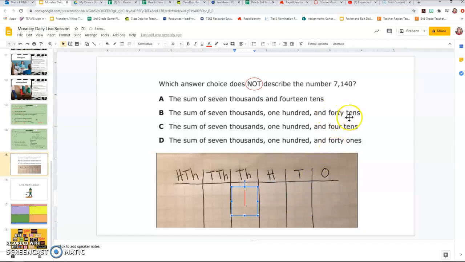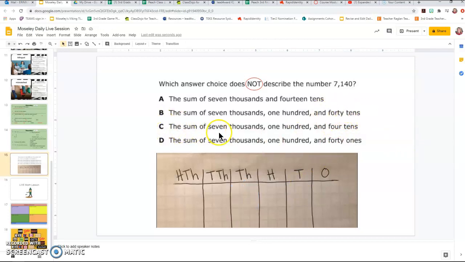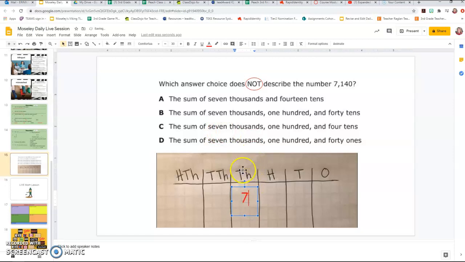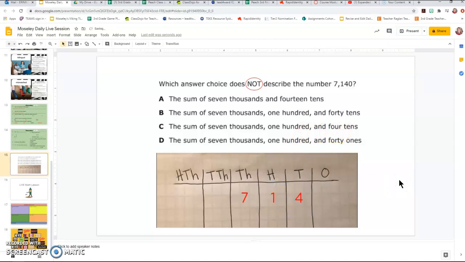These are a little tricky when they pair groups up. The sum of 7,104 tens. Okay? So those are the numbers they gave us. Now remember, we're not worrying about the 10,000s place and the 100,000s place because we know our number only goes up to thousands.